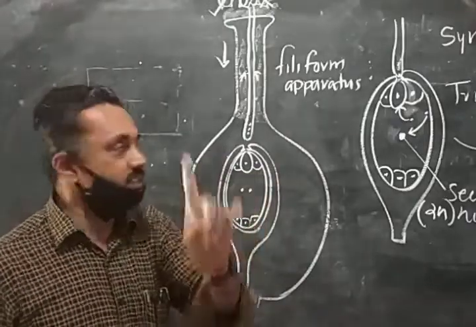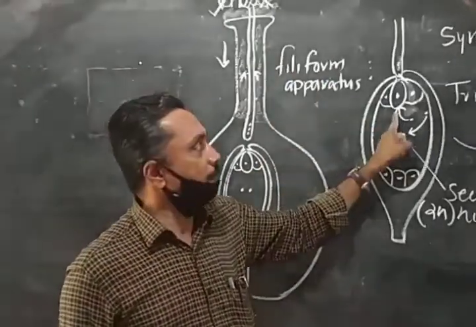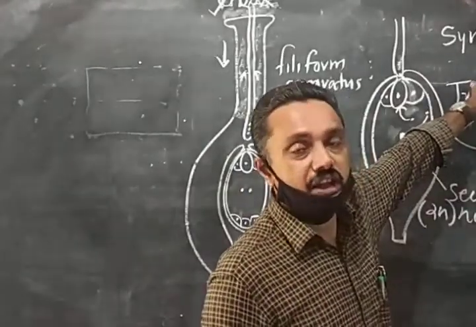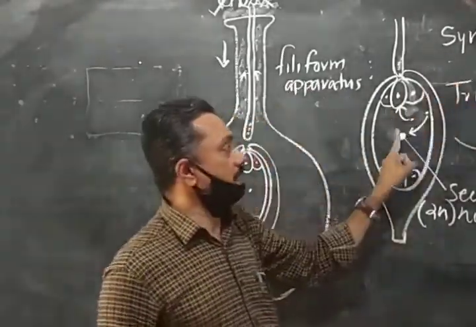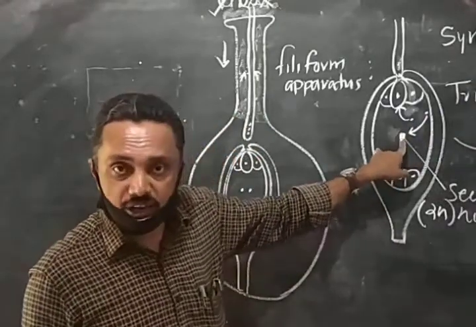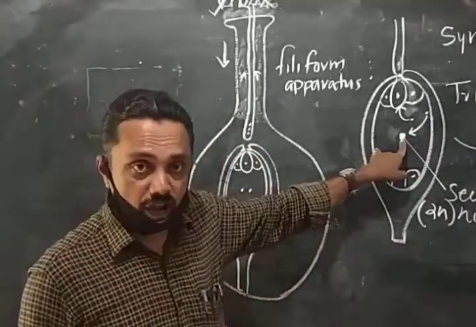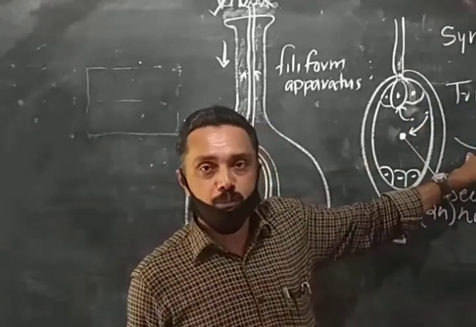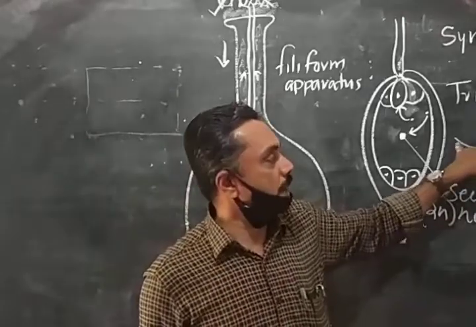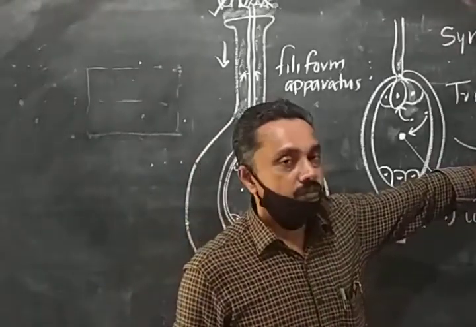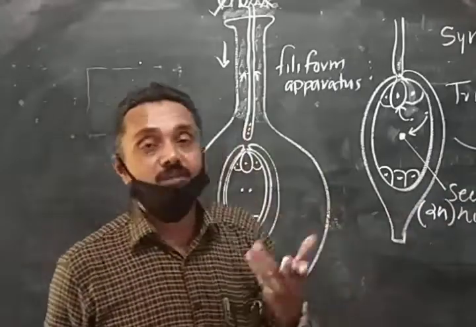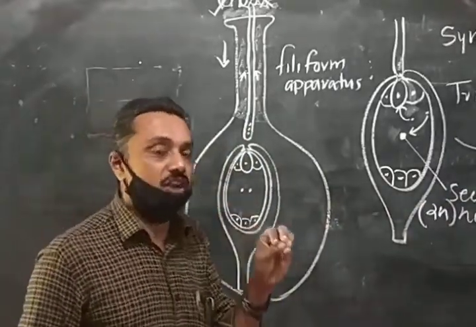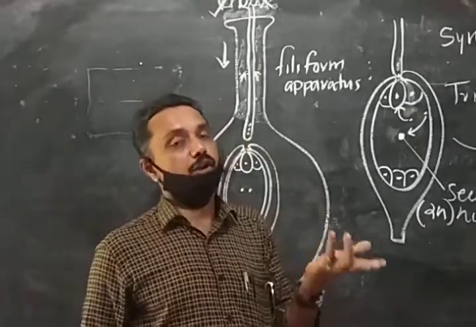One male nucleus joins with the egg cell, called syngamy, resulting in a diploid zygote, which later develops into the embryo. The second male nucleus joins with the secondary nucleus, involving three nuclei, so it is called triple fusion, resulting in the primary endosperm nucleus, which is triploid and later develops into endosperm, the nutritive tissue for the growing embryo.